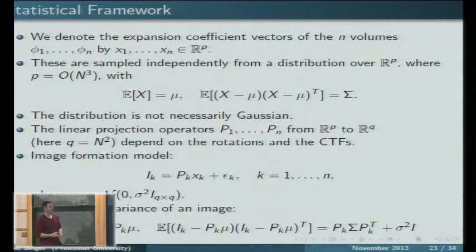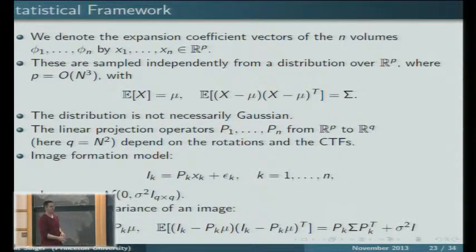Okay? So let's do a very easy first-year statistics calculation. What is the mean of I? The mean of I is just P_k times mu, the mean of x. The mean of epsilon is 0. That was easy. Another exercise, what is the covariance of the k-th image?